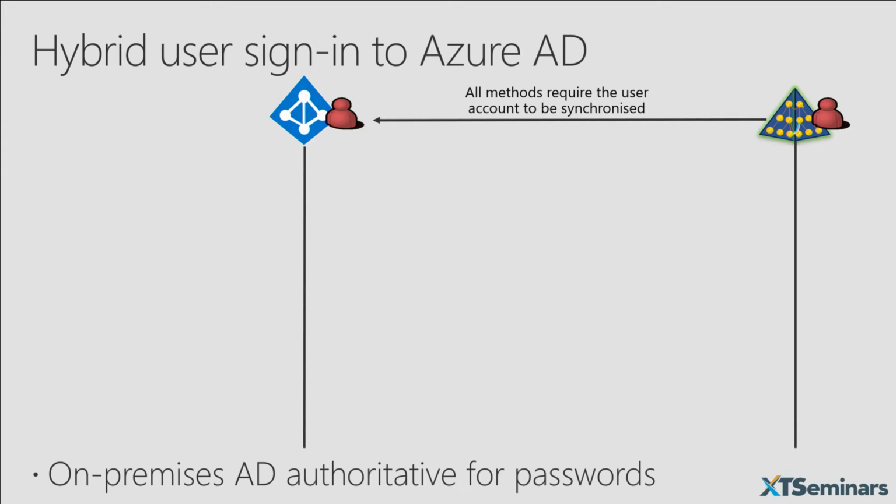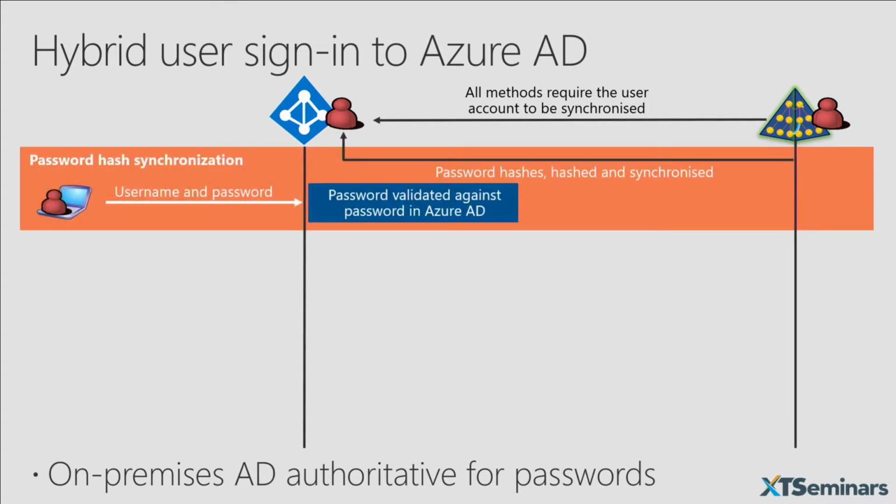So let's have a look at hybrid users. So hybrid users are synchronized up from on-prem. They come into our Azure AD, and the question is now, how do we authenticate those hybrid users? Well, one of the ways is to use password synchronization. I've deliberately said synchronization because that's how Microsoft sold it for a long, long time.